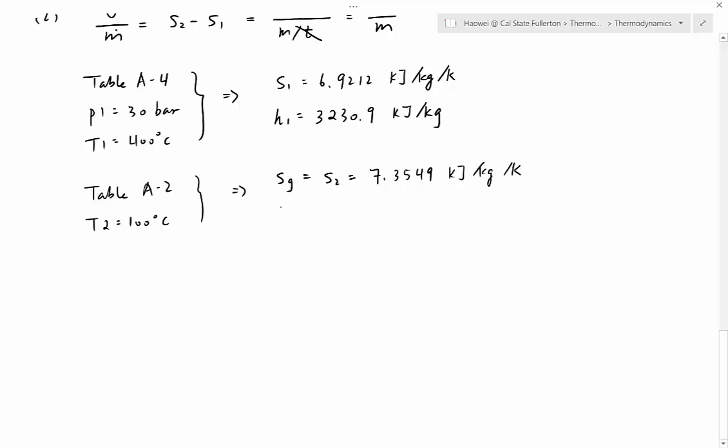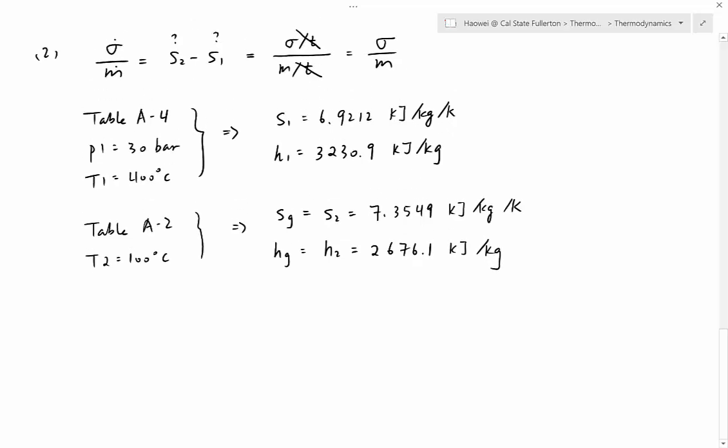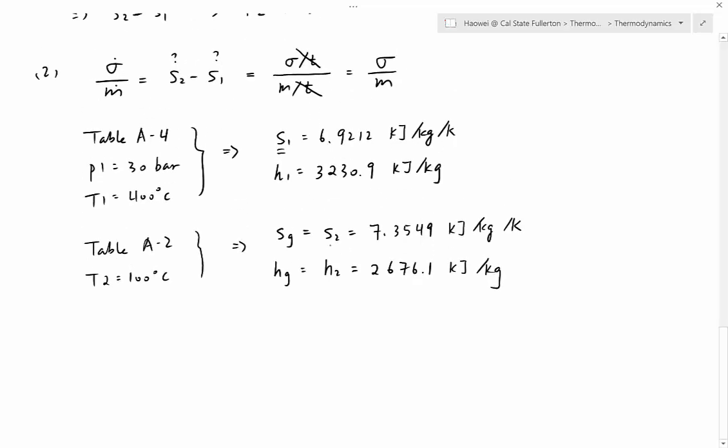And I'll also write down Hg, which will just be my H2, even though I'm not looking for it at this moment, but I might later on. So I will also write down this number. It's 2676.1 kilojoule per kilogram. So now I have S1 and S2.